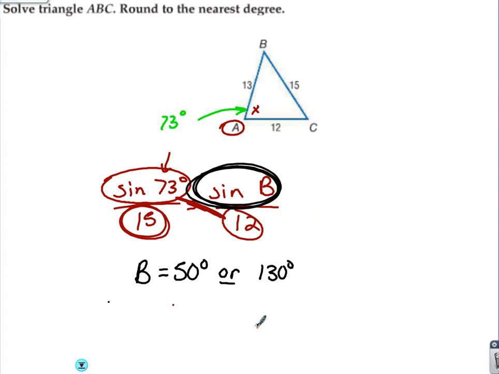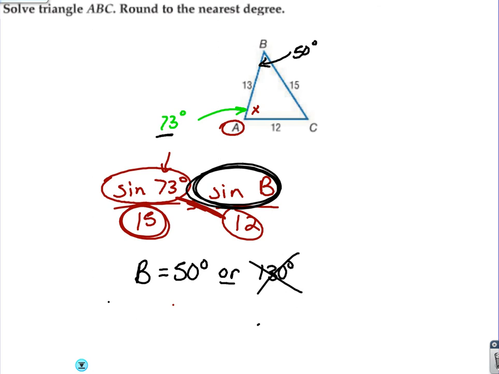Look at this problem. B is 50 degrees or 130 degrees. Can't be. Look, guys, this is already 73. The three angles in a triangle always add up to 180. 73 and 130 don't jive. So therefore, 50 is going to be the only solution there.